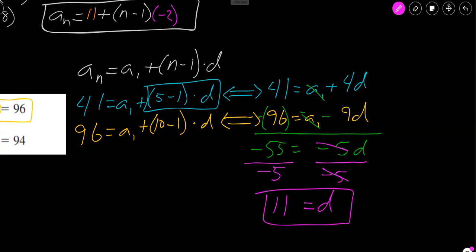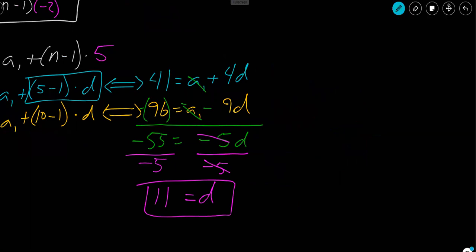That's great. I've got one of the two values figured out. I'm going to go ahead and just put it up here. And now I just have to figure out A1. Well, since I've got one of these two values figured out, I'm just going to plug it back into one of my two equations. So remember, this light blue equation was 41 equals A1 plus 4 times d.